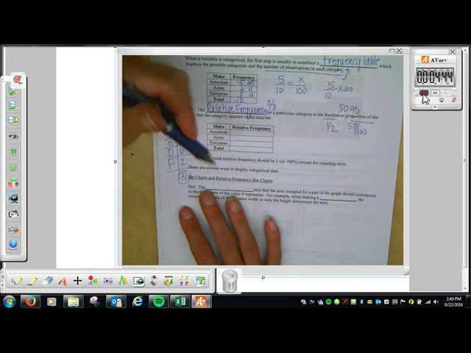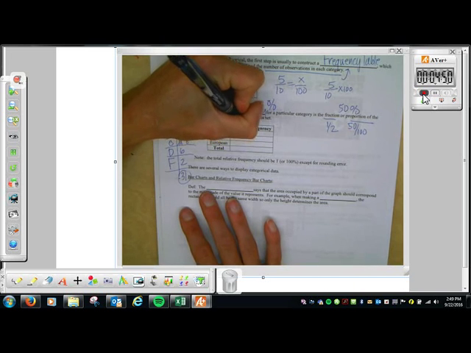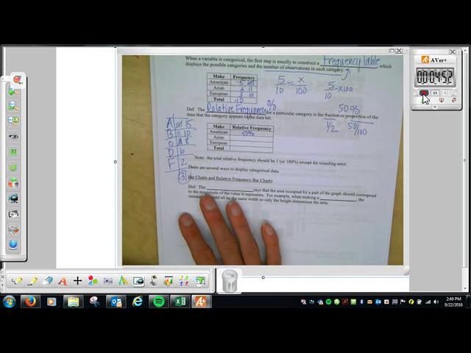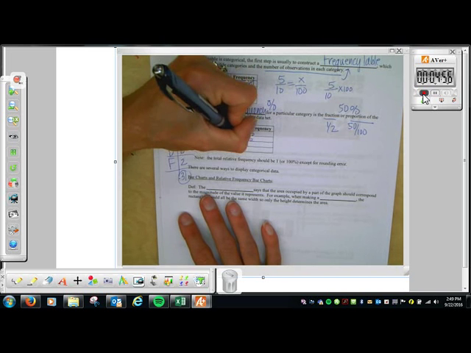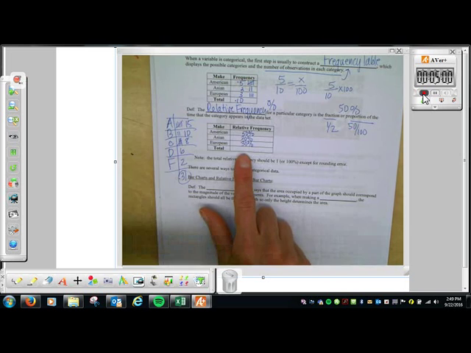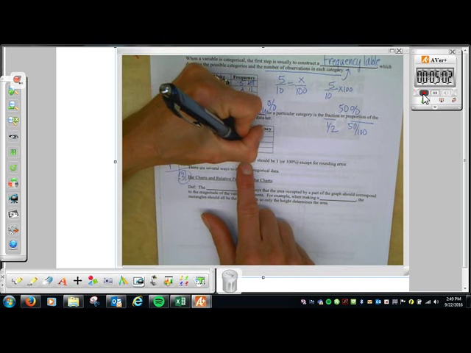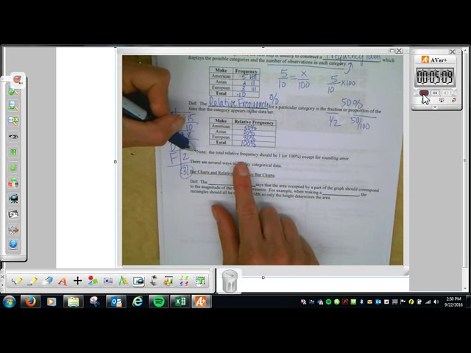Take your value over the total times 100. So that would be 50% of the people drove American cars, 20% drove Asian, and 30% drove European, and the total in the relative frequency table should always add up to 100%, which is the same as all the people. Okay, a little note tells you the same thing.